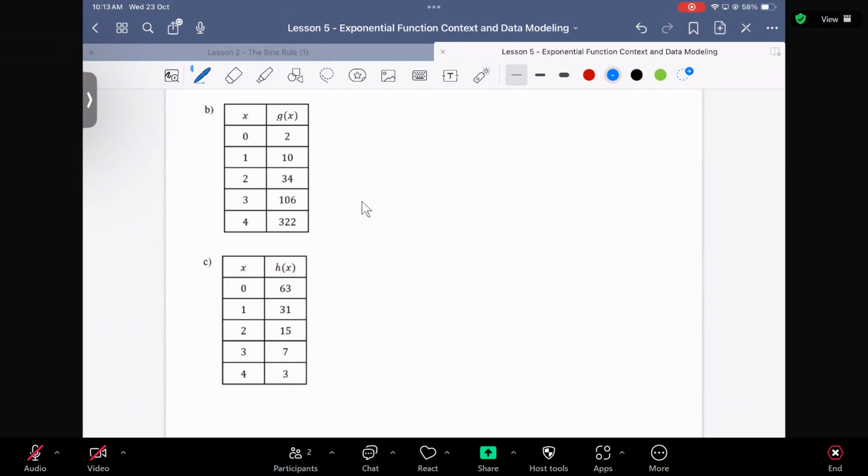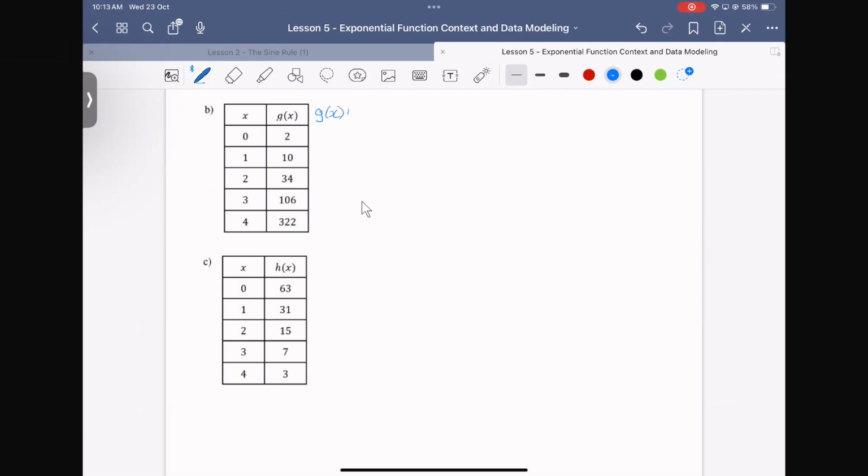All right, so for this one, we could take g of x and add 2 to it each time. It's going to give us 4, 12, 36. Can you see a pattern there? 108. So 3, 2, 4.